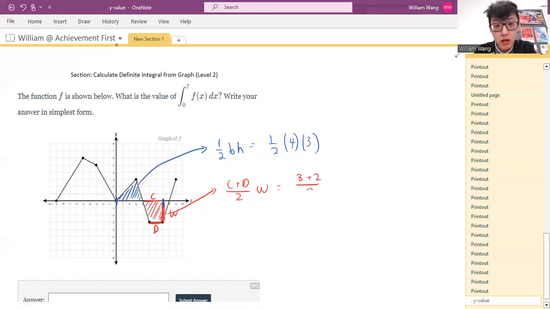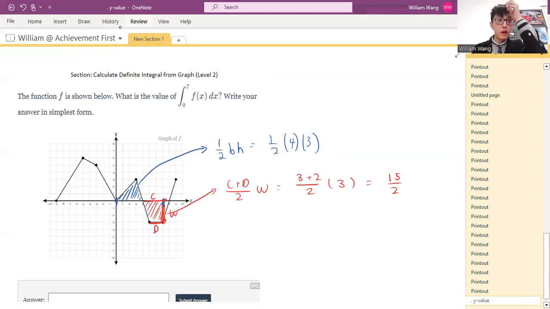So 3 plus 2 divided by 2 times my width. In this case, my width goes from here to here. That is a width of 3. All right, cool. So let's simplify this. 3 plus 2 divided by 2 times 3. I'll just mentally note that is 15 over 2.